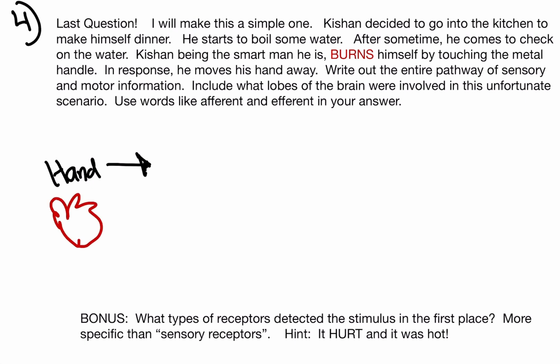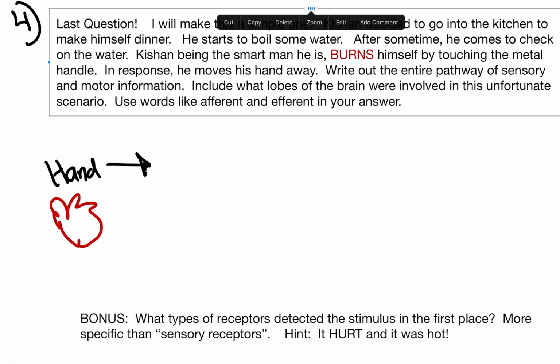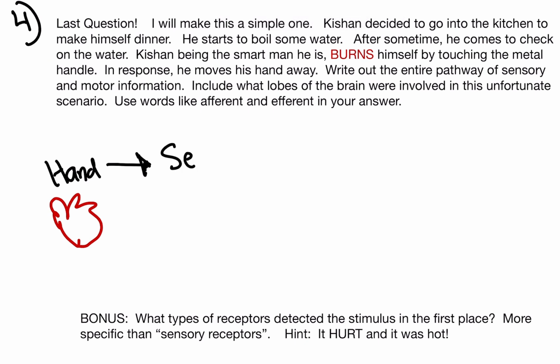Pretend. And I hurt myself, and I sense that, correct? So it's going to be a sensory neuron. We sense what has happened. So basically, sensory neuron.